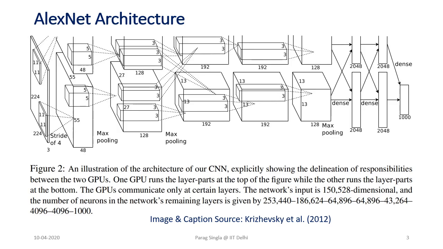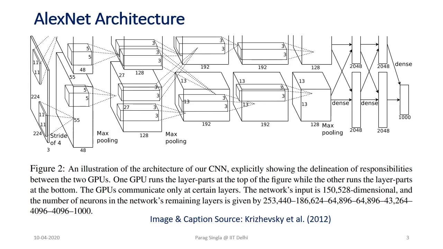Then they apply max pooling over this, which again reduces the size, as we can see in the next layer. After that you apply a kernel which is 5 by 5 cross 48, because here the depth is 48.